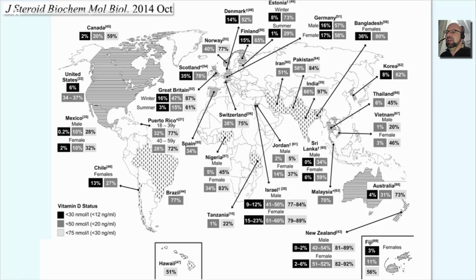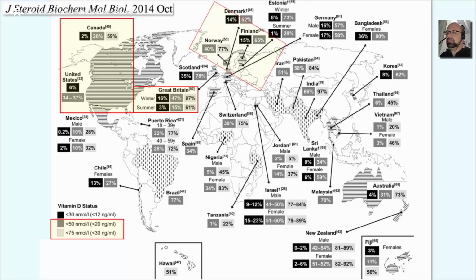we see that with a reasonable definition of vitamin D deficiency, in the United States, 34 to 37% of people are deficient. In Canada, being farther north, that prevalence goes up to 60%. If we look at Great Britain, the incidence in winter is as high as 87% and in summer at 61%.